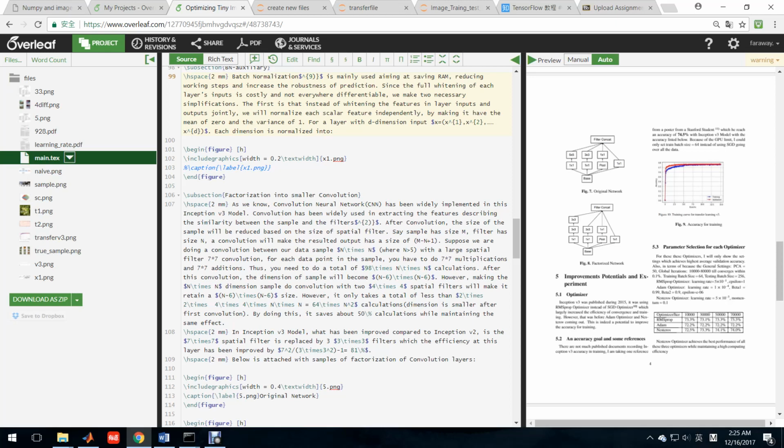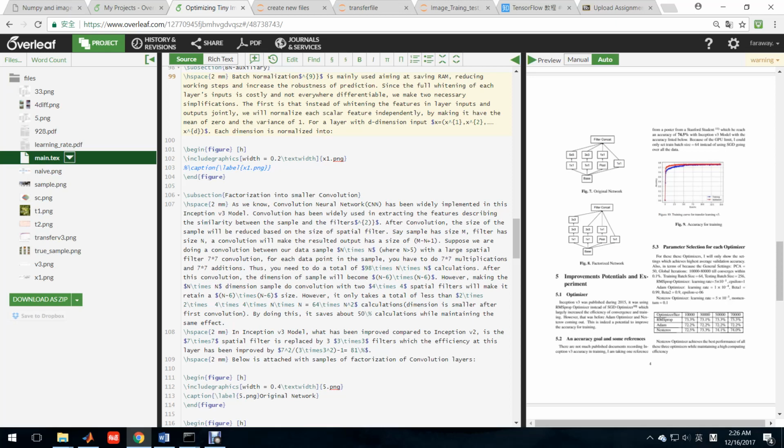So two 3 by 3 layers can do the same thing as the 5 by 5, but can save a lot of time and work. So these are most of the things that give Inception V3 more advantages compared to others.